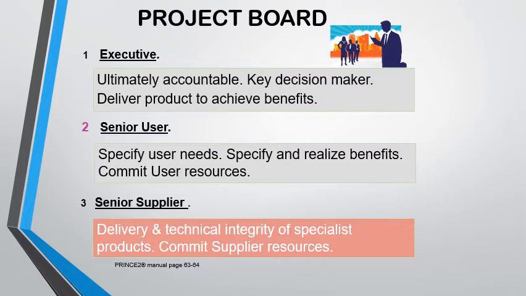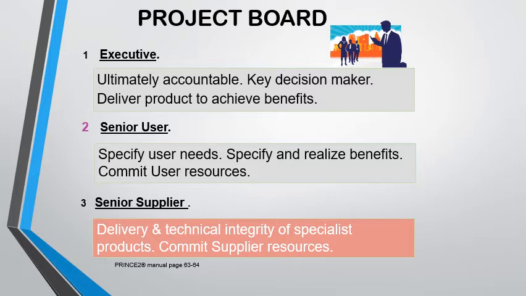They happen to be the key decision maker, and they have to make sure that the products achieve the benefits. Funding and monetary authority also lies in their responsibility. So they are the ones who have the authority to give us the permission to spend money.